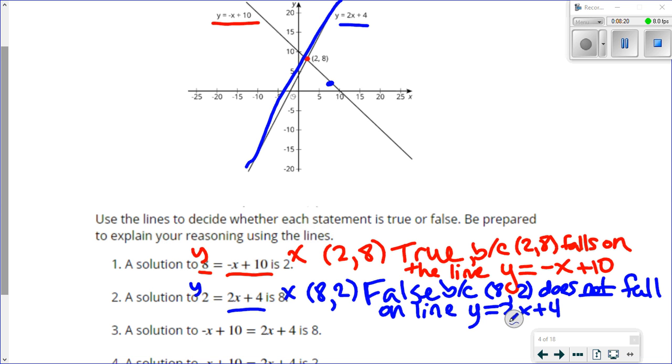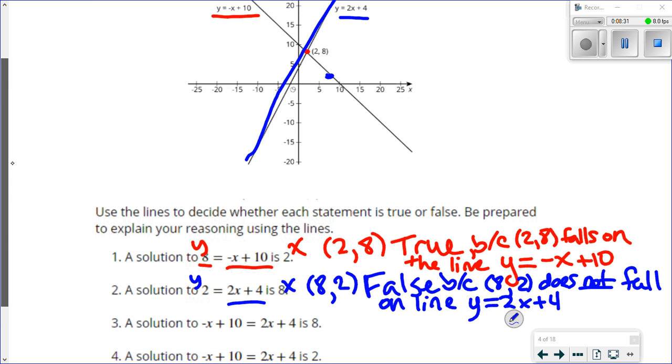In order to find a point that holds true for both lines, we should be looking for the point of intersection, which this point here clearly is not.